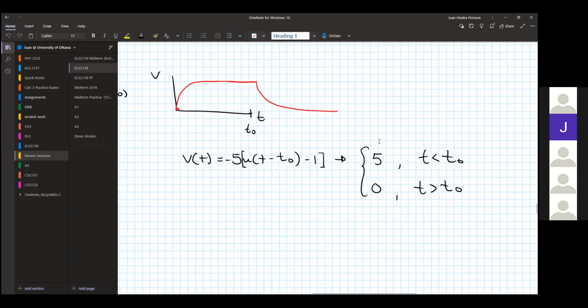For a sinusoidal voltage, and this gets closer into electronics 1 territory, where you see a voltage regulator being used with frequency, you end up with a curve that looks like this. So you start charging, and then you start discharging, and then you start charging, and then discharging again.